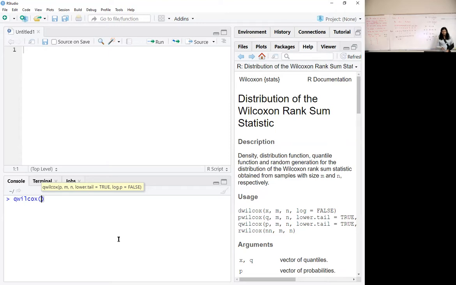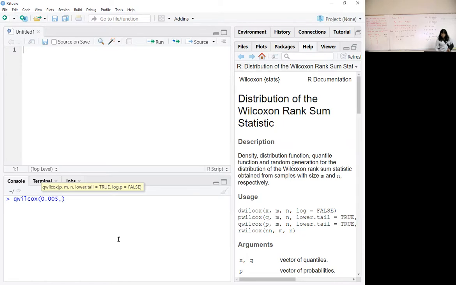0.005. We don't have to find both critical values. We find one, we can naturally find the other by subtracting it from m times n.